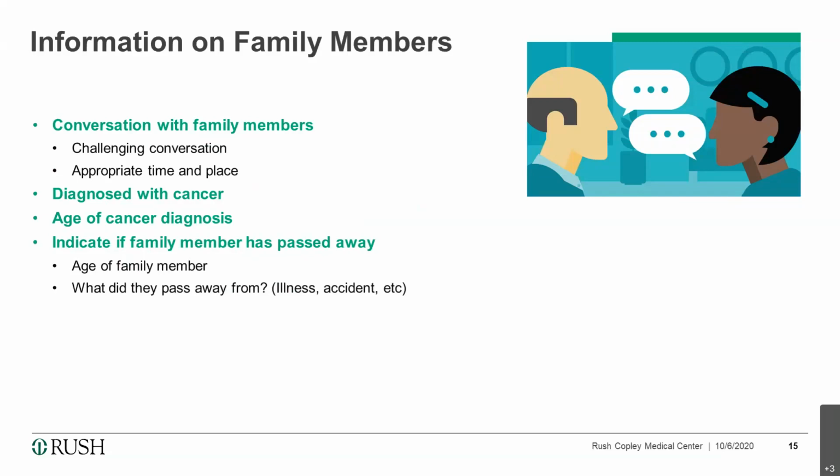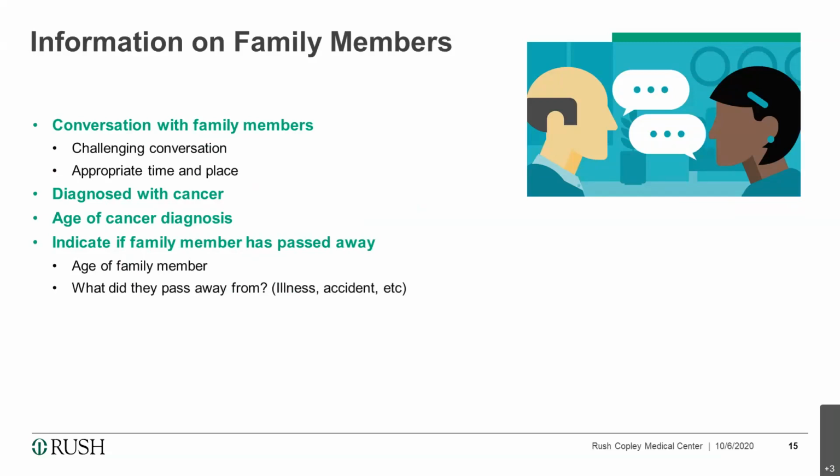I know definitely when I have this conversation about my father's side of the family, every single time I ask my dad what type of cancer my grandfather passed away from, it changes. It goes from prostate to stomach to pancreatic. So sometimes we're just poor historians and we don't know exactly.